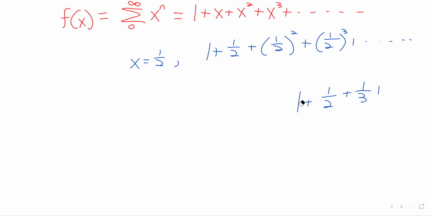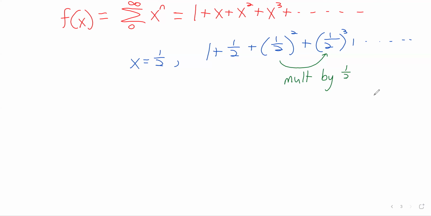Good guess, though. This is a geometric series, because to go from a term in the series to the next term, we are multiplying by a constant.